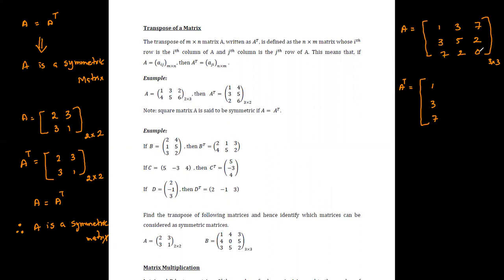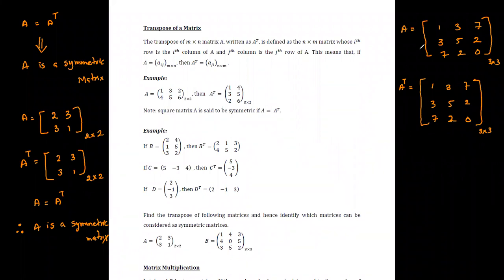Then the second row becomes the second column, so this becomes 3, 5 and 2. Then using the same concept, we write the third row as the third column, which becomes 7, 2 and 0. This again becomes a 3 by 3 matrix.